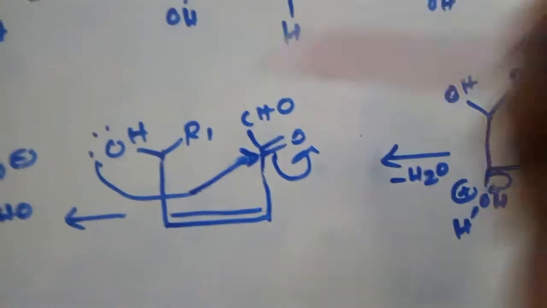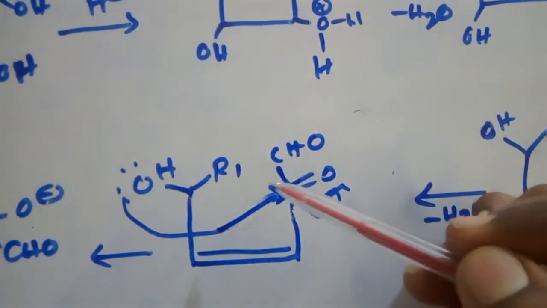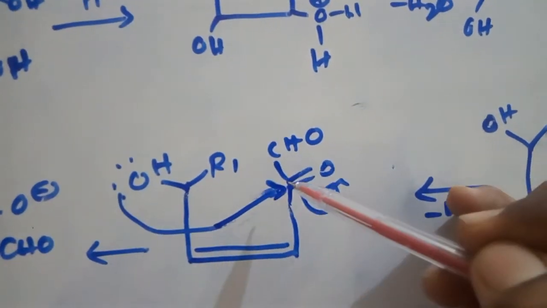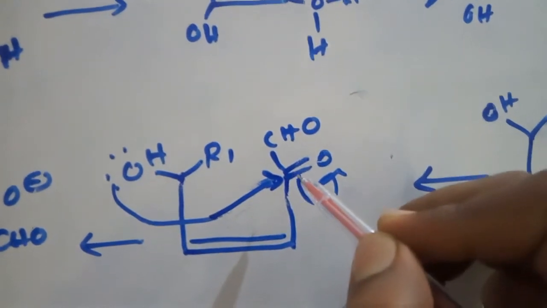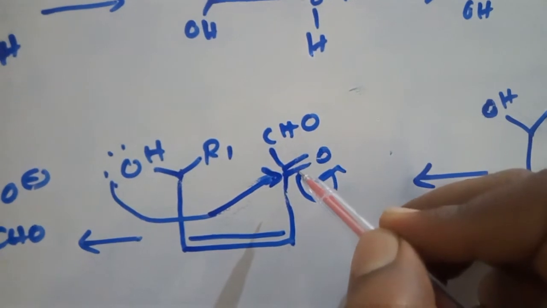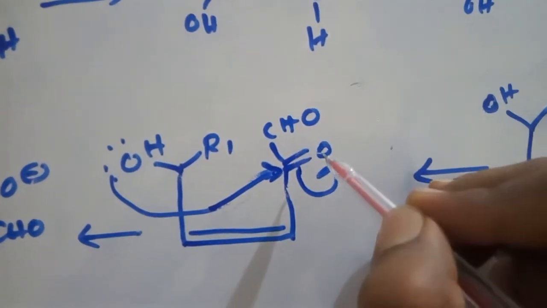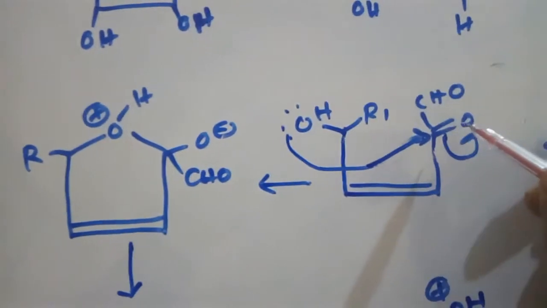Now next step, this lone pair of electrons of oxygen will attack on this carbon. This carbon is somewhat electron deficient because there is an oxygen connected to it which has more electronegativity, so the electrons are more on the oxygen, so this oxygen will have a minus charge.